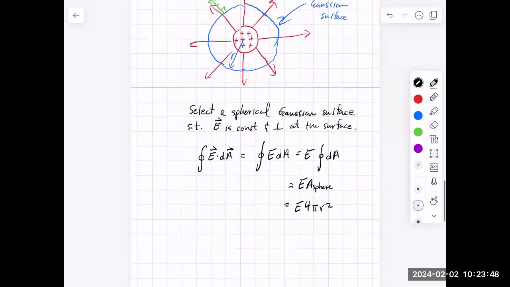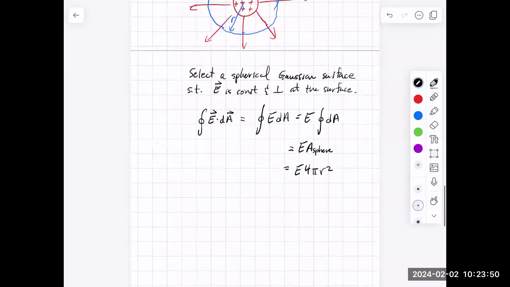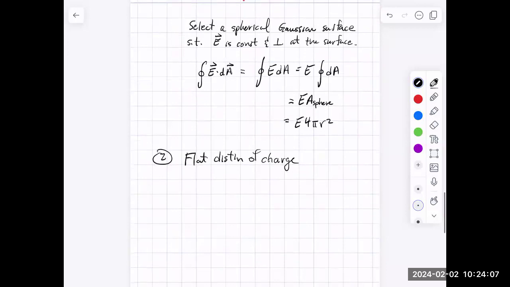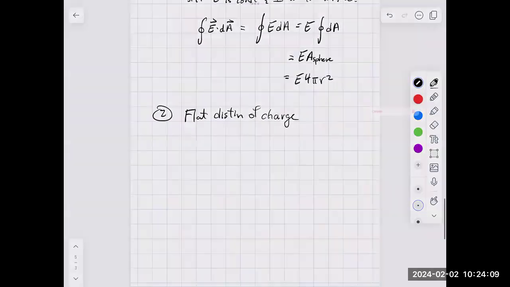All right. So the second scenario where Gauss's law works is when you have a flat distribution of charge. And so that's the example we did last time, the sheet of charge. And so we could draw our sheets.